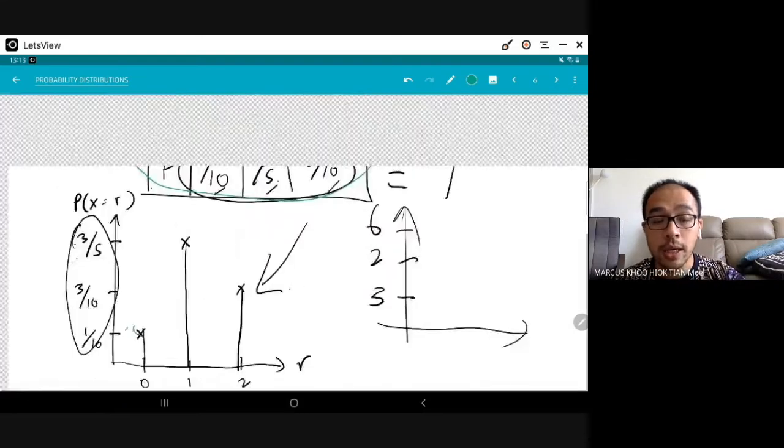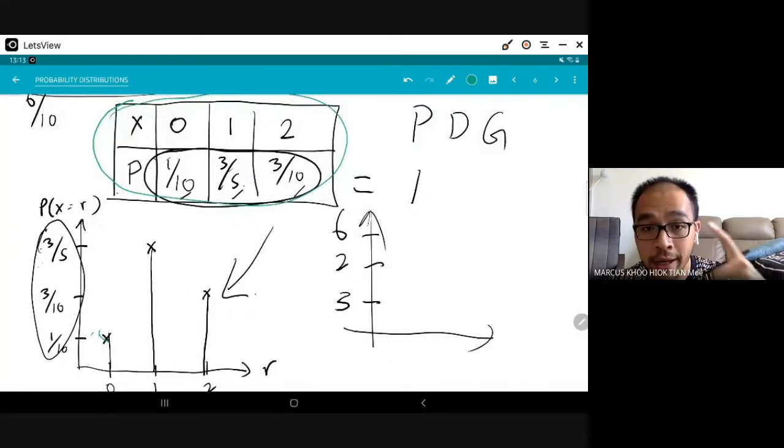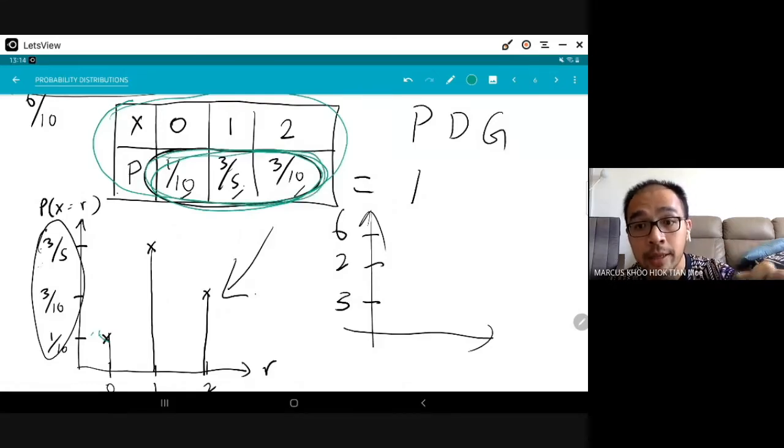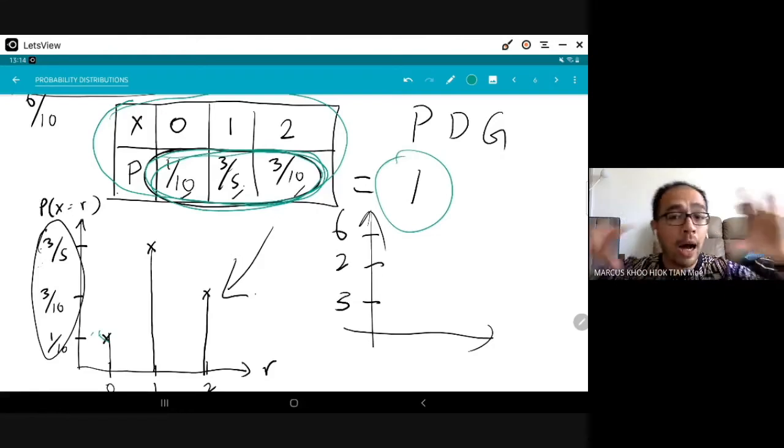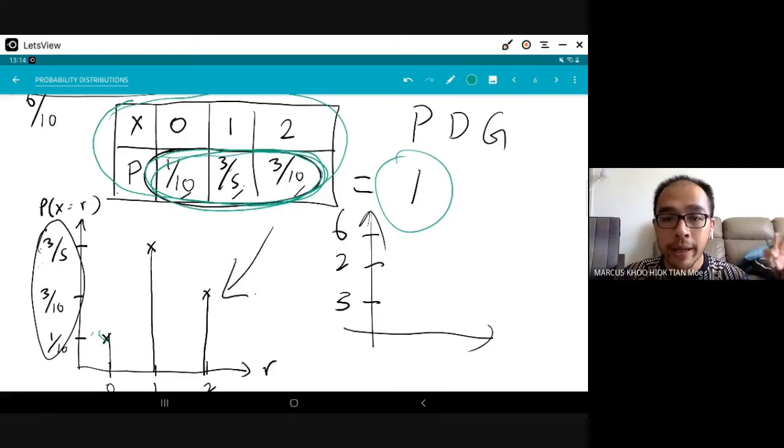And then of course, if you want to know whether your answer is correct, remember that bila kamu jumlahkan semua probability inside the table, it must always equal to 1. No matter how long your table is, kalau sampai ada 10 lah, 10 garis kan, jumlah kebarangkaliannya mesti sama dengan 1.